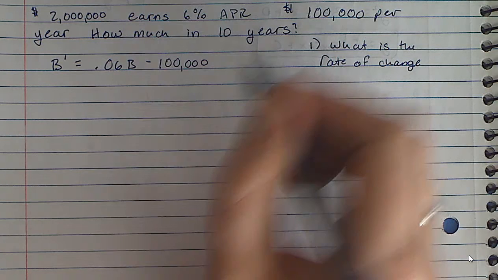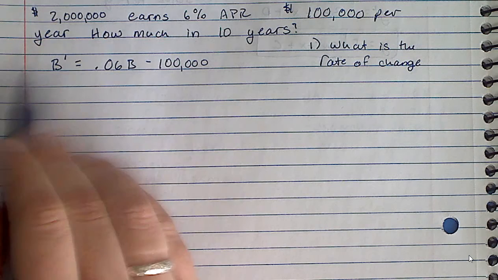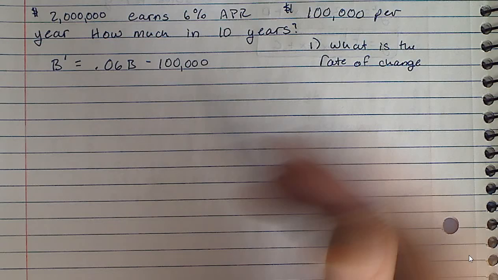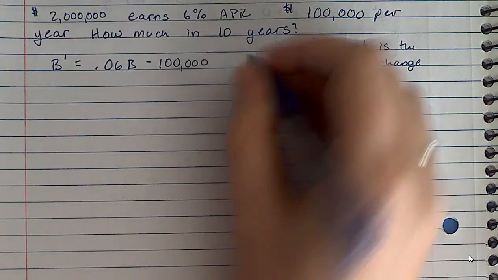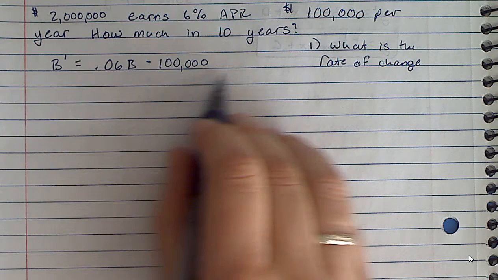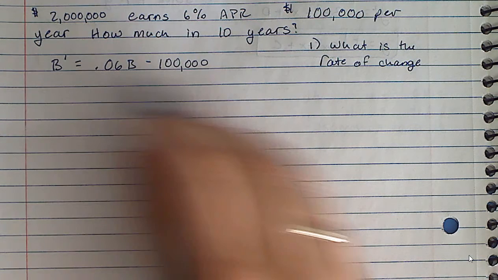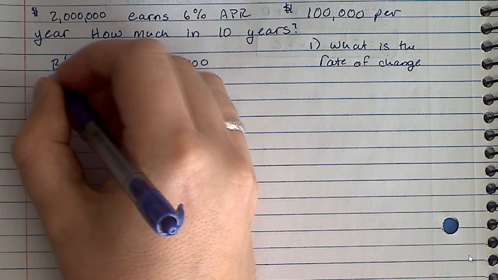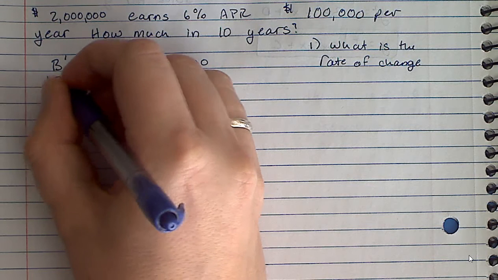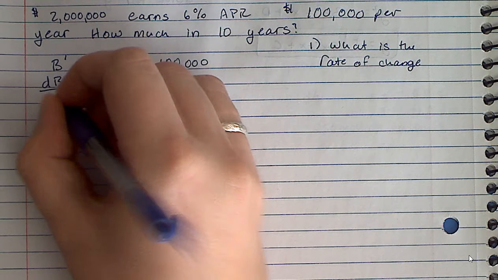So I'm going to replace b prime with db dt. There isn't a t here, but the t is implied, like it's balance over time, so t is the other variable.